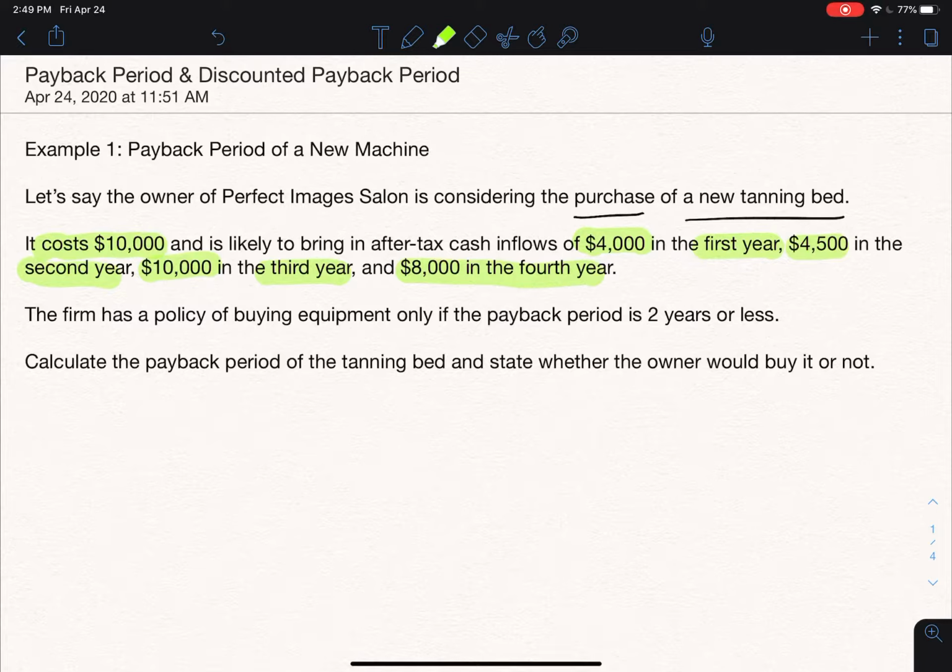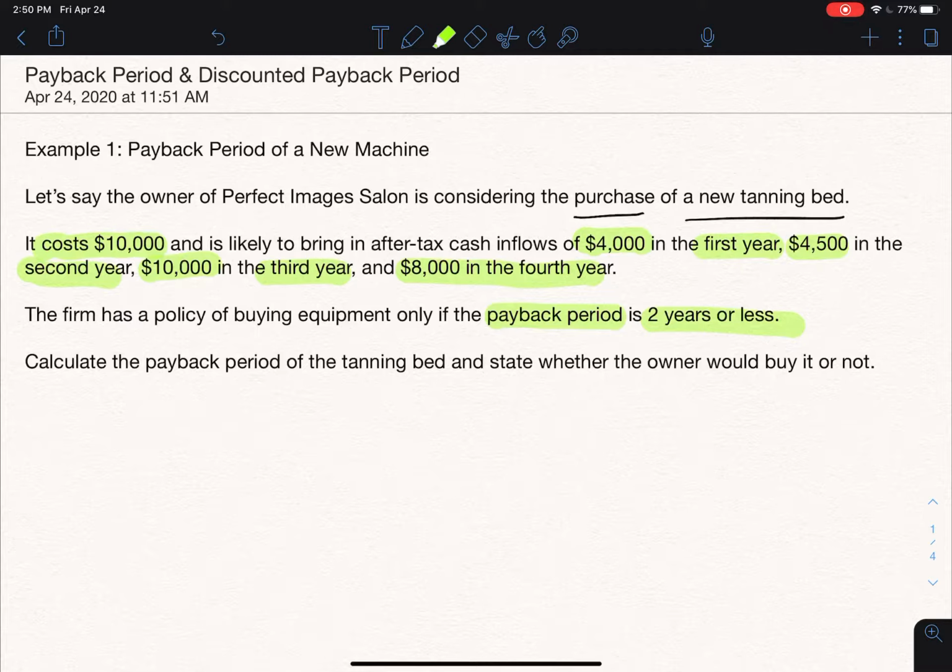So the firm has a policy of buying equipment only if the payback period is 2 years or less. So the payback period must be 2 years or less. So then our job as the financial officer is to calculate the payback period of the tanning bed and then state whether or not the owner would buy it.